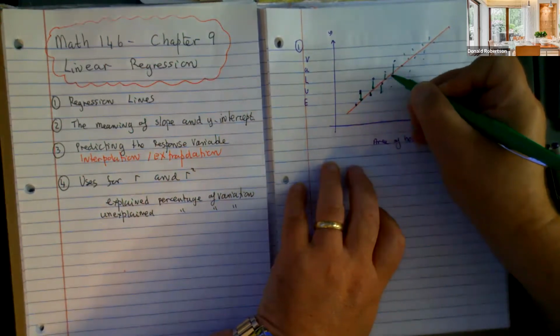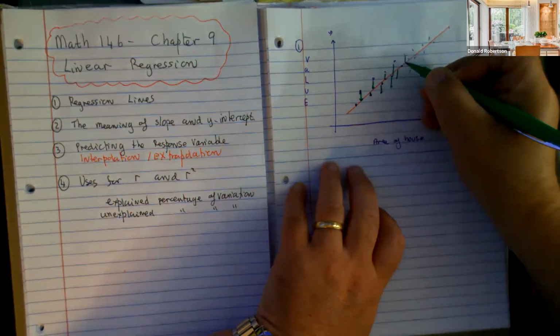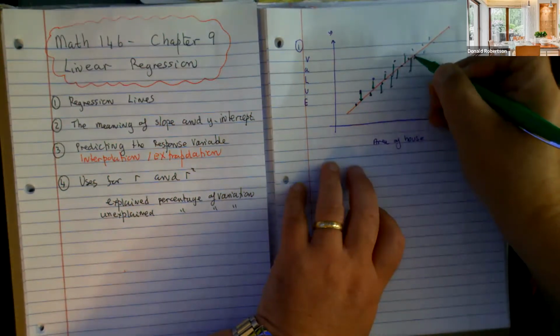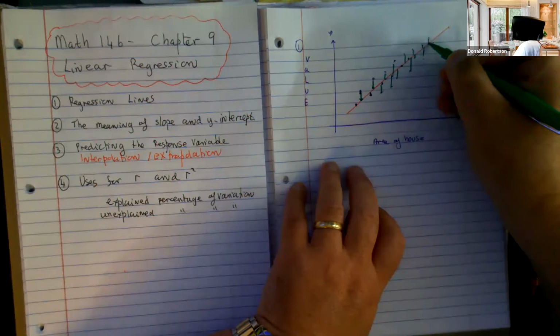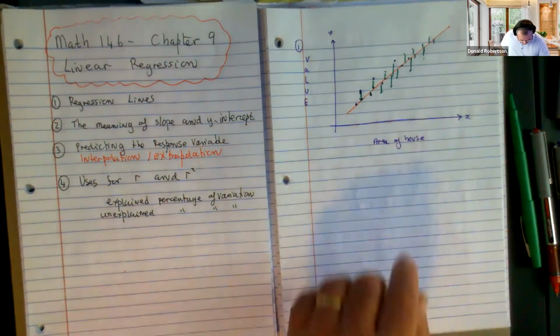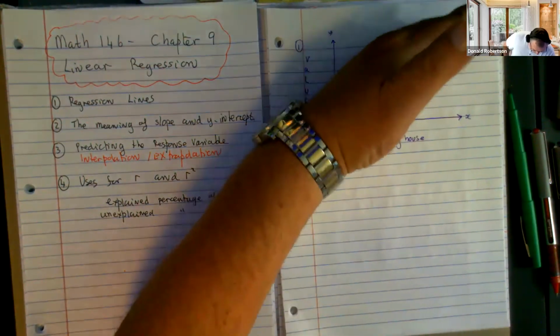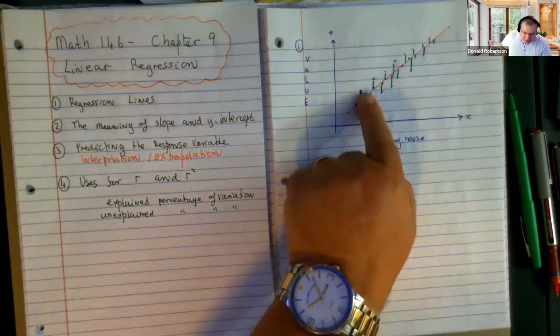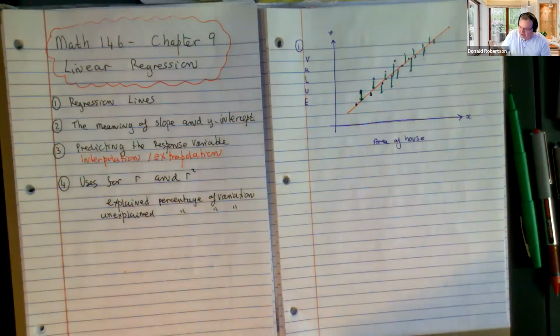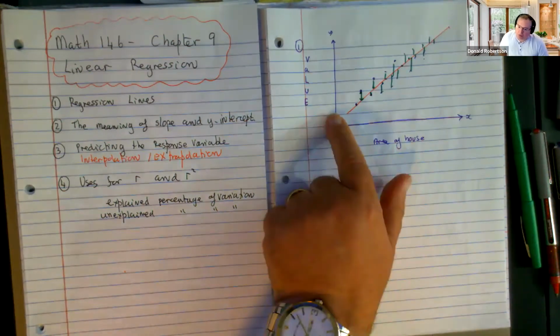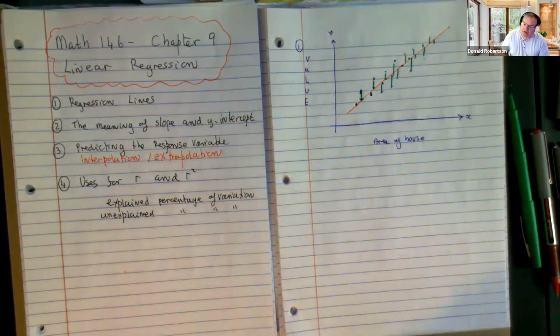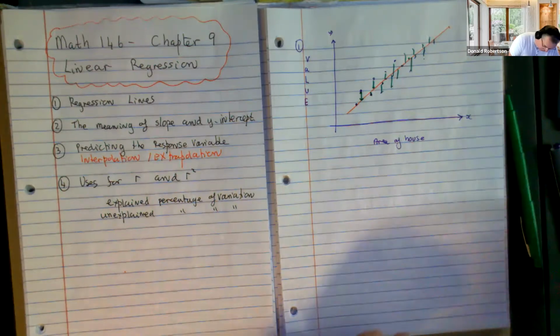So all these guys here, you see all these little green lines. Now, can you imagine that as you adjust that line in location and steepness, these distances change for each line? But can you imagine there might be a line where these distances are at a minimum? In other words, the smallest error you could get, right? That is the line. That's the unique line, and it's called the regression line.